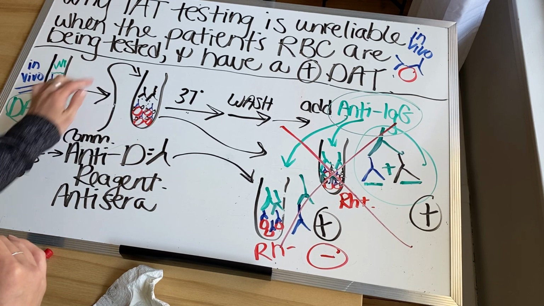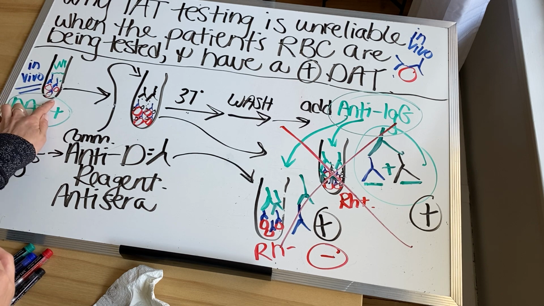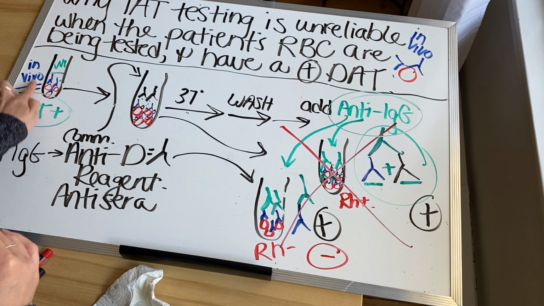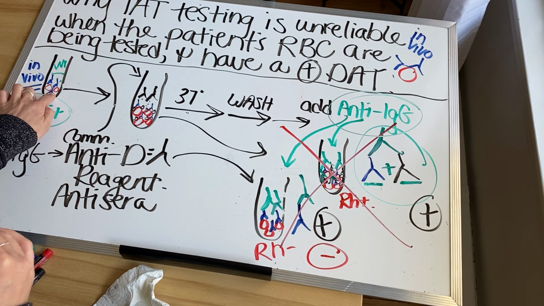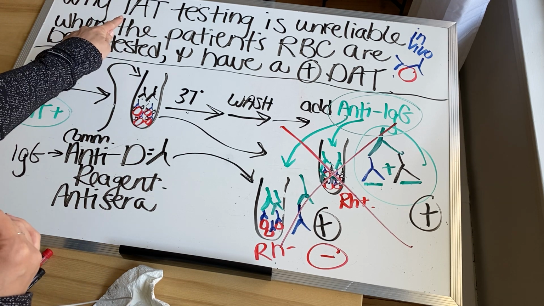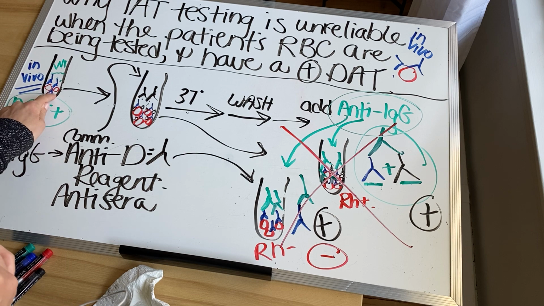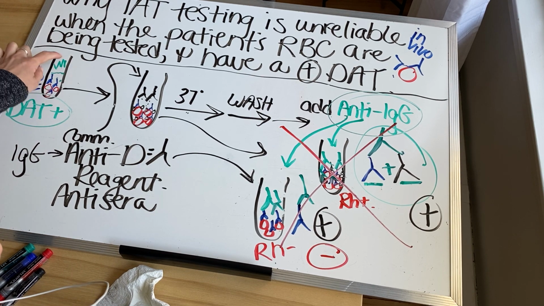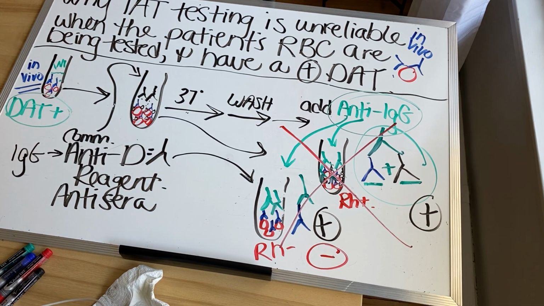And so the plasma is safe to use from this individual with coated red cells, because the plasma portion is unaffected by the positive DAT. And that's really important to understand too. Just because the patient has a positive DAT doesn't mean we can't use the plasma at IAT. It just means we can't use the patient's red cells at IAT. So same method, but two different samples being used. We're either using the plasma or the red cells. Red cells are unreliable if the DAT is positive.